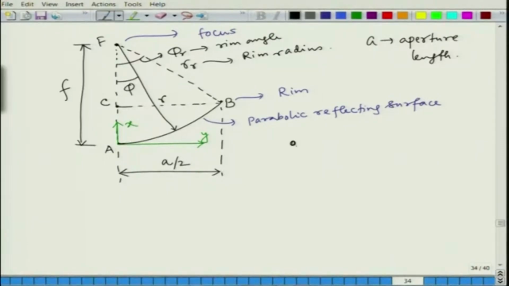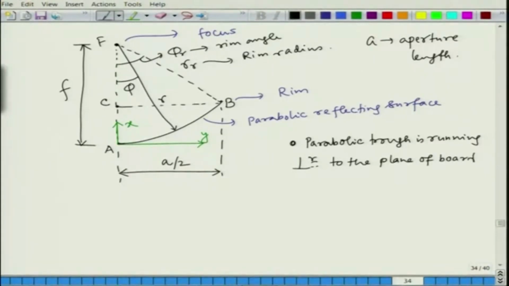So, let me write that the parabolic trough is running perpendicular to the plane of the board, and the receiver is at the focal point F. So, again the receiver is also running perpendicular to the plane of the board.